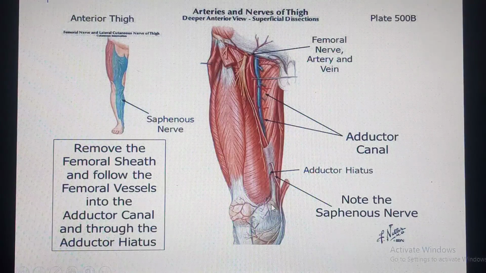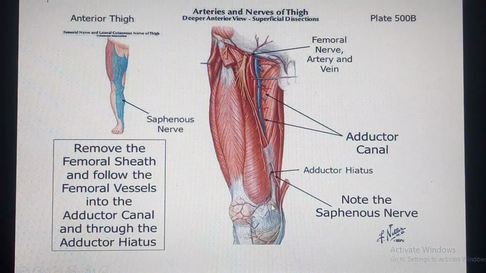So for this tutorial, we've been able to appreciate the various muscles which form the anterior compartment of the thigh. Yes, these muscles are the knee extensors generally, but of course some of them may not necessarily extend the knee. For instance, the iliopsoas and the pectineus muscle may not do that. And then of course we've seen the femoral triangle. We have to know the boundaries of the femoral triangle and the contents of the femoral triangle.